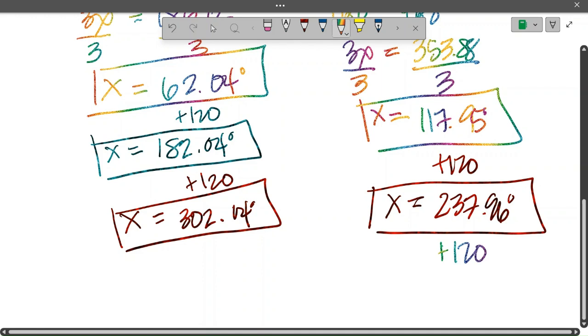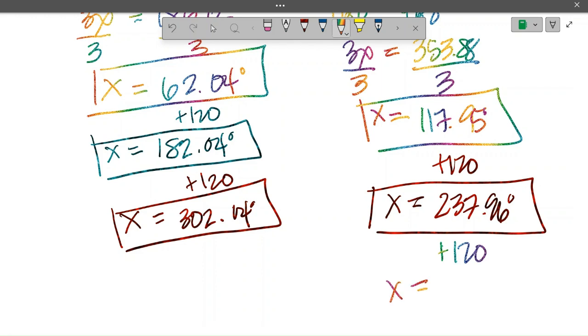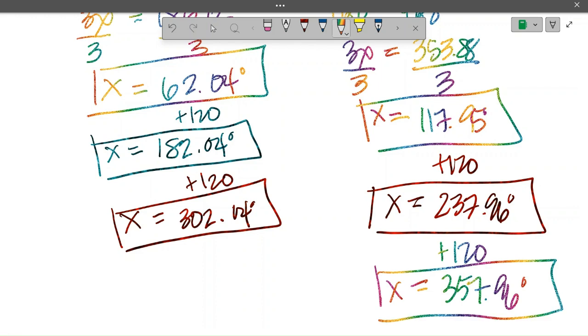And when I do that, I get x equals 357.96 degrees. There we go. It looks like I rounded incorrectly here, so this should be a 6. Pardon me there. All right, I went ahead and checked all of these answers in my calculator.